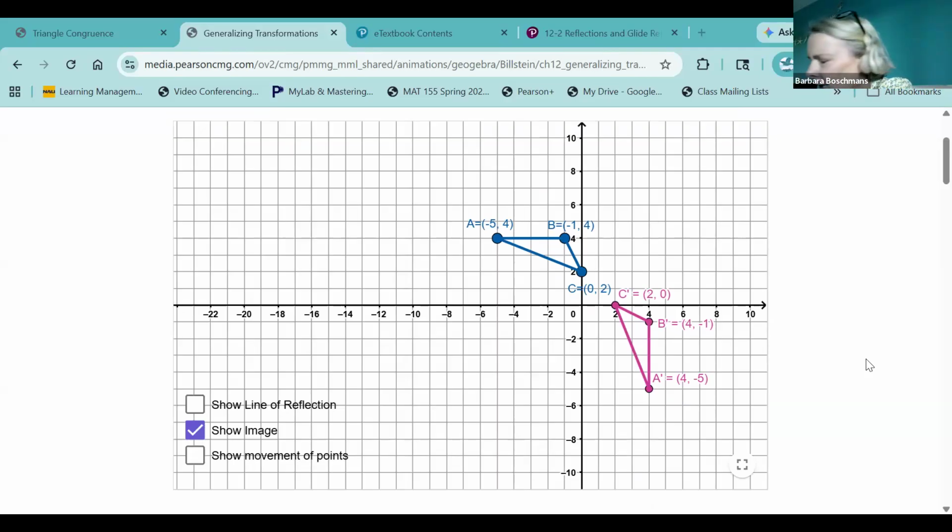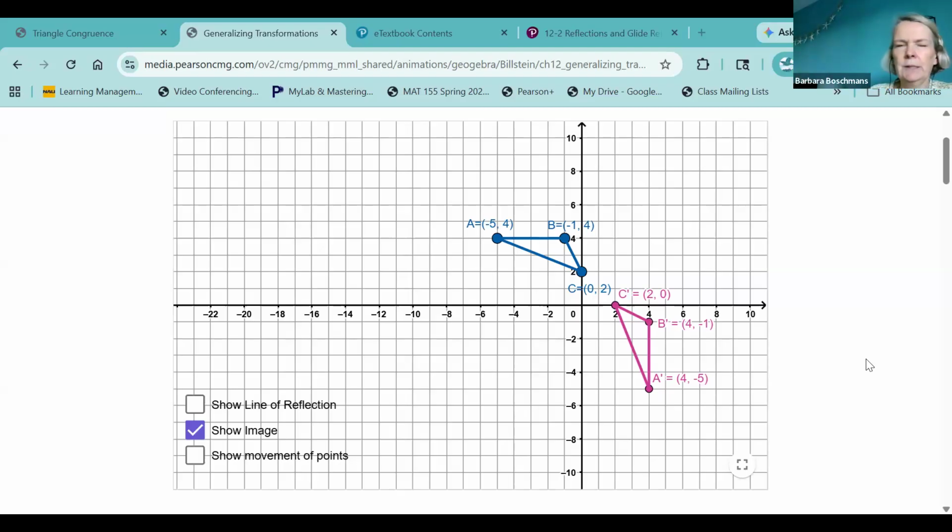We write down the coordinates of the prime. So we have 4, -5, 4, -1 for B, 2, 0 for C.